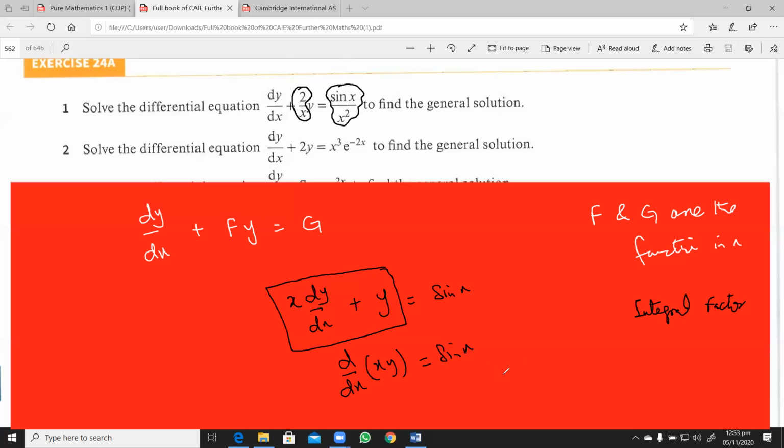When you split this, d of xy remains here, and you have sine x dx on the other hand side. And now you can integrate this. This is going to be xy equals minus cos x plus c. Finally, you have y equals minus cos x over x, plus c over x. That is the general solution for this differential equation.